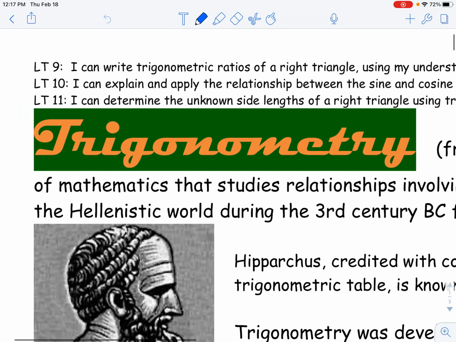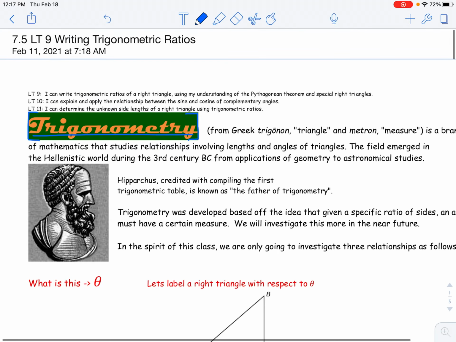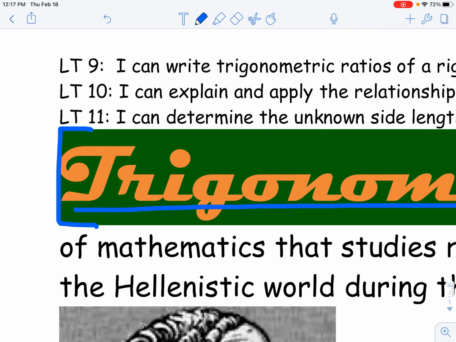Okay, students, so we're now in the second part of Unit 7, and the punchline of this unit is trigonometry. All right, and what does this exactly mean? Well, it's from the Greek. First off, before you even look at that, trig, triangle, 3.